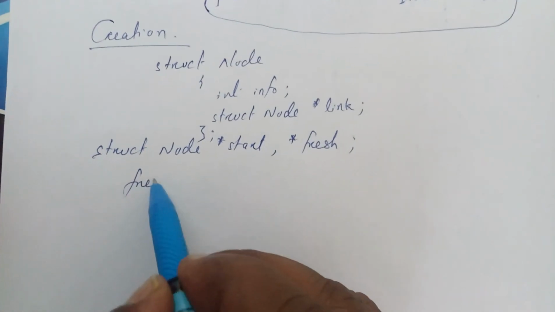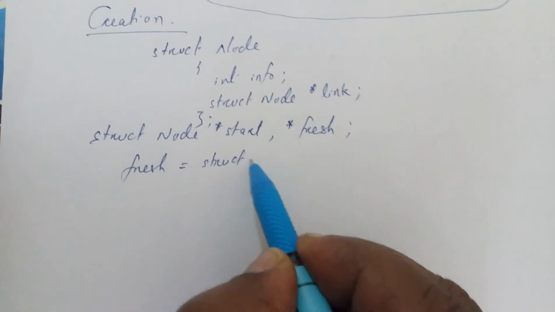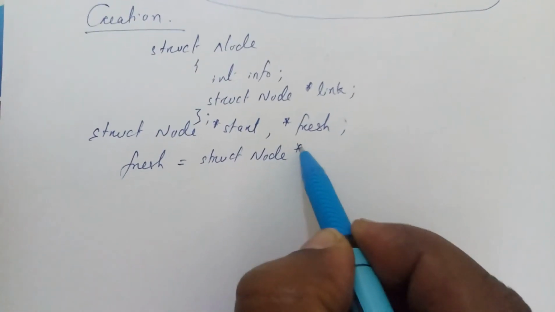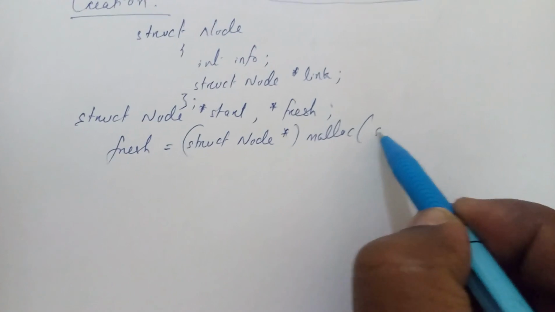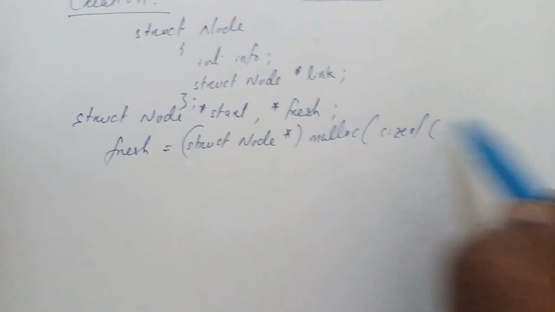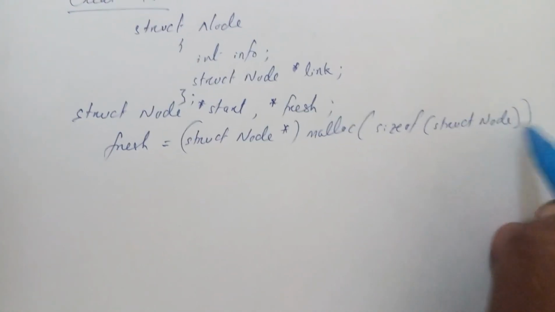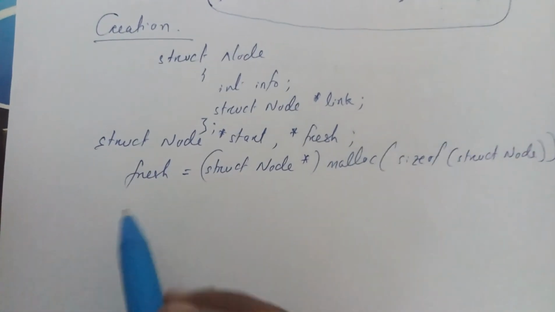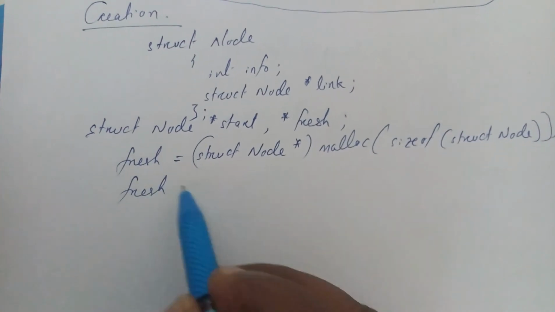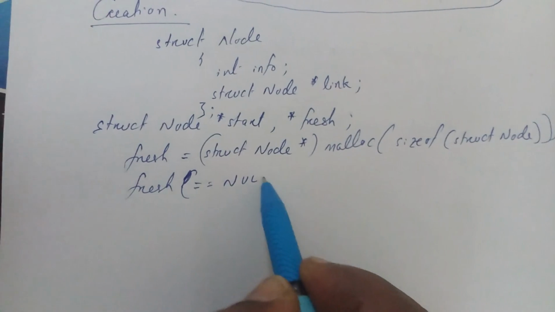So here also we'll dynamically allocate the memory. Fresh equals struct node asterisk malloc size of struct node. So here the memory is dynamically allocated to fresh. Before that we will check if fresh equals null.